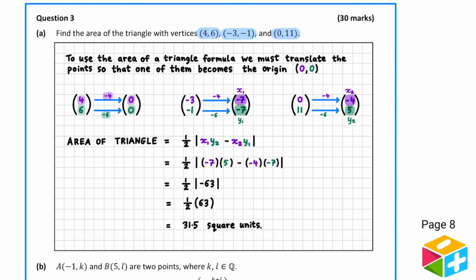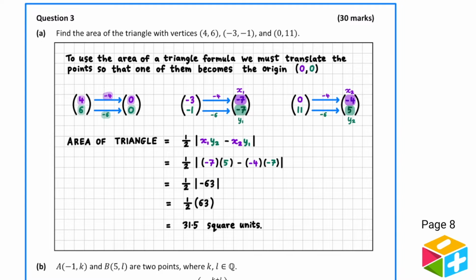Now, let's sub in our values. x1 is minus 7, y2 is 5, x2 is minus 4, and y1 is minus 7. When we perform the calculation inside the absolute value, it comes out as minus 63.